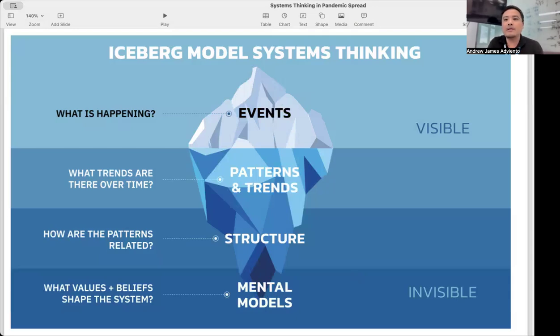So let's go to the iceberg model of systems thinking. I don't know if you've seen or can remember an iceberg, probably in the movie Titanic. But an iceberg is a massive block of ice floating in the ocean.